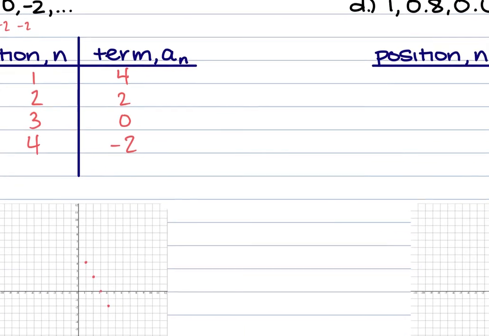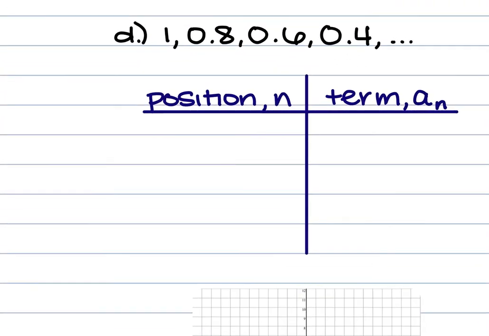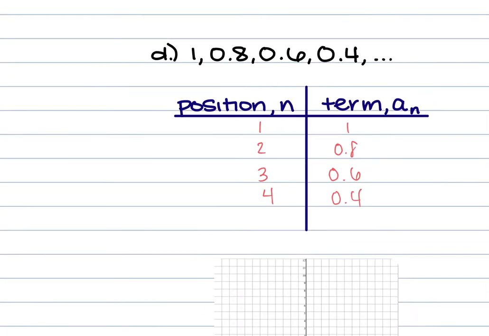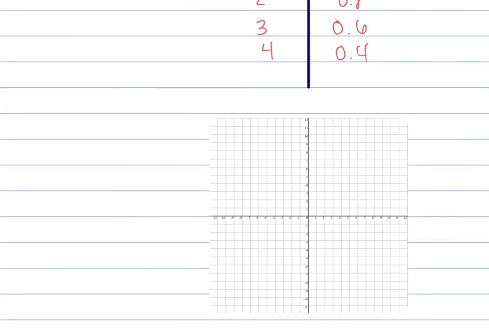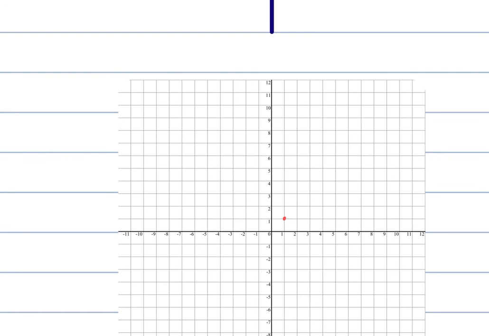All right, and the last one, the decimal one. Position 1 is 1. Position 2, 0.8. Position 3, 0.6. And position 4, 0.4. At 1, put a dot at 1, so 1, 1. At 2, put a dot just underneath 1.